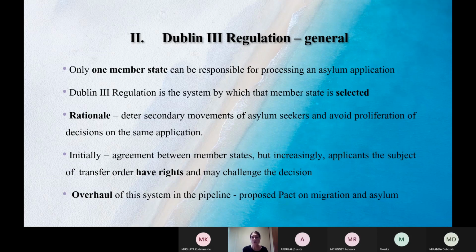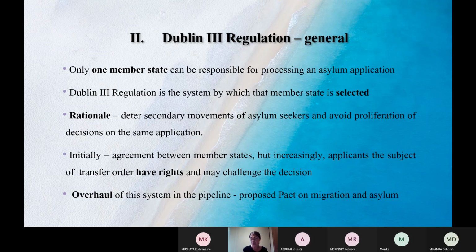So looking first at the Dublin 3 regulation, what is it? In EU law, it was decided that only one member state should be legally responsible to examine the substance of an asylum application. So the purpose of the Dublin regulation is to determine what member state is responsible.